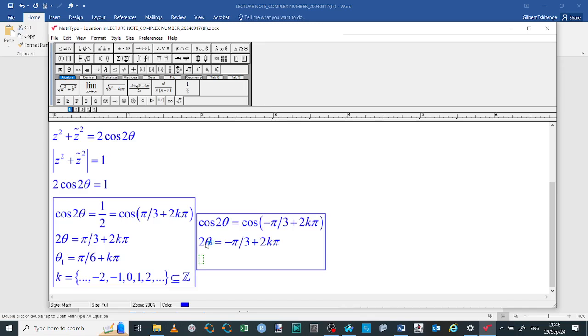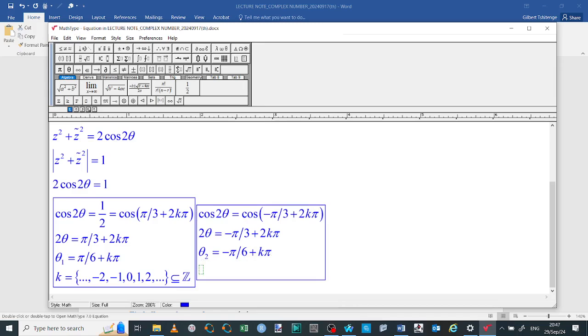And then theta there will be equal to, this is the second set of solution, and we'll have pi over 6 there. And then for this one we'll do pi. Lovely. And everything is sorted now.